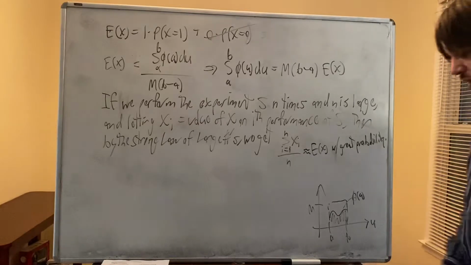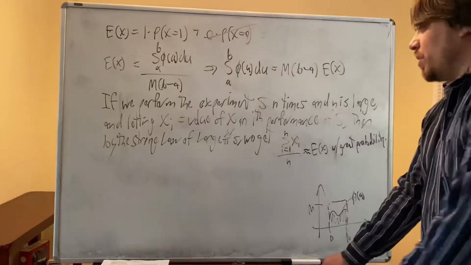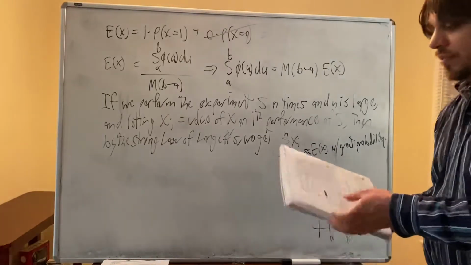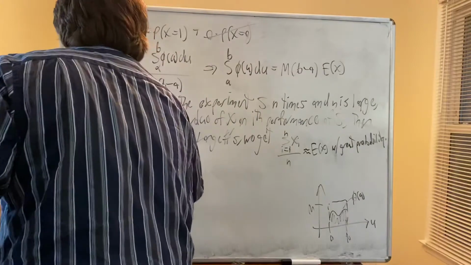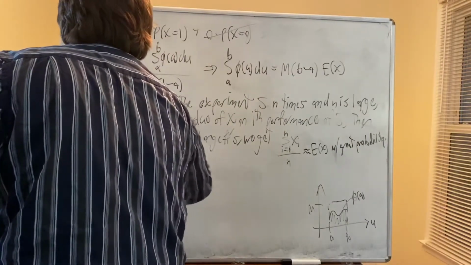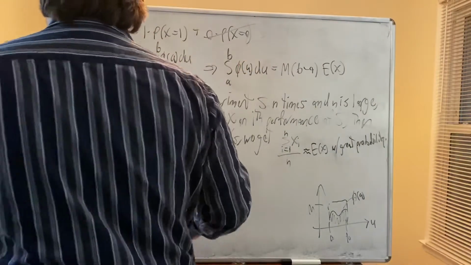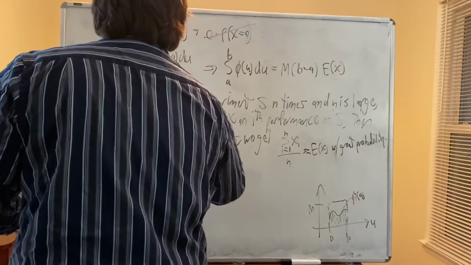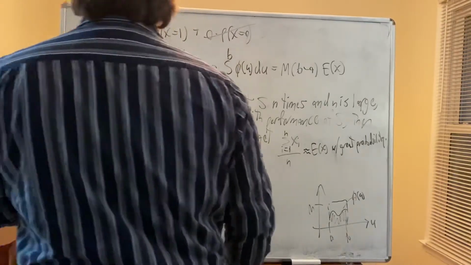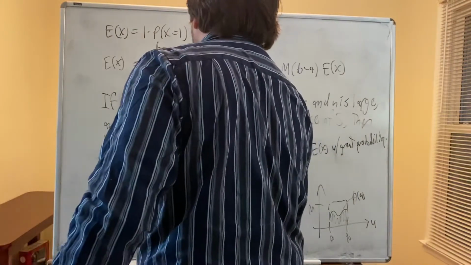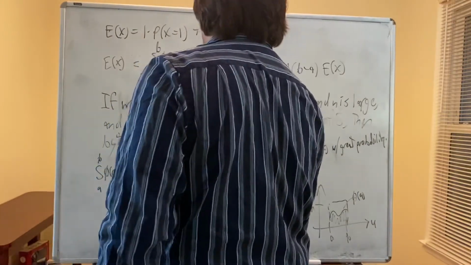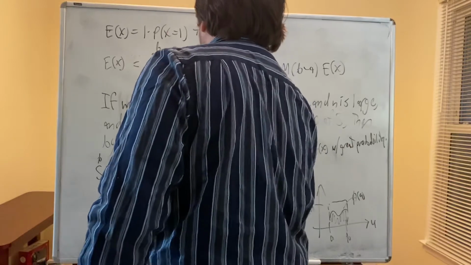All right. So, therefore, the integral from a to b of phi of u du is approximately M times (b minus a) times E of x. And E of x is approximately the sum over i from 1 to n of x of i, divided by n.